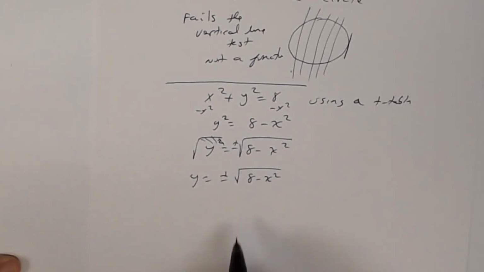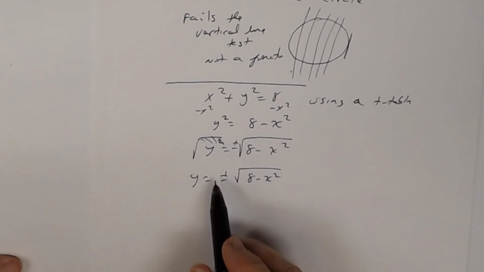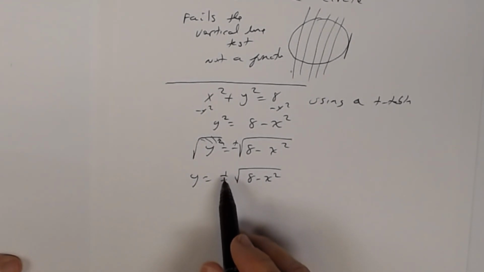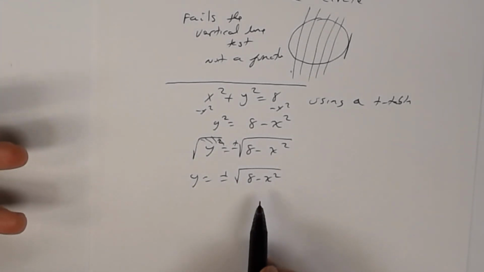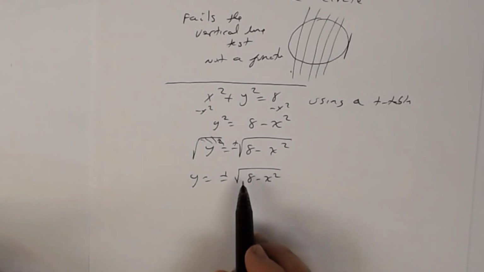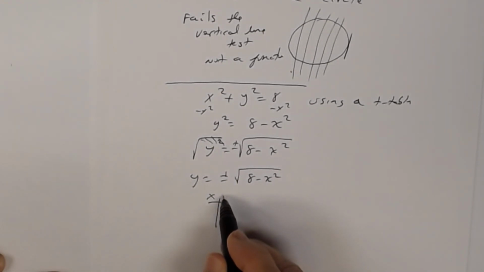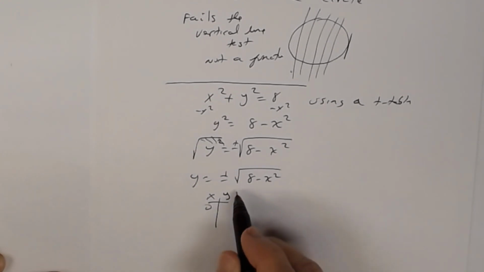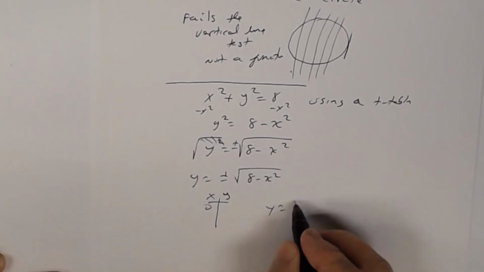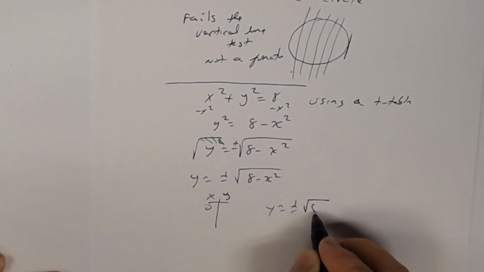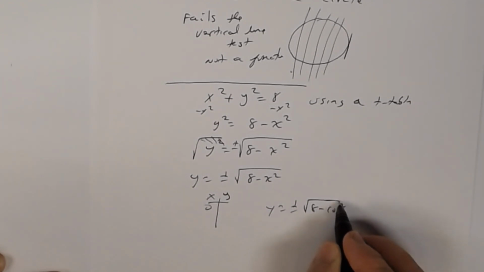Now let's use the t-table. Now some of you notice right away, hey, that's going to be a positive and a negative, and right away you notice it's not going to be a function because you have a positive square root and a negative square root. So for example, if I let x be 0, I get y equals plus or minus the square root of 8 minus 0 squared.